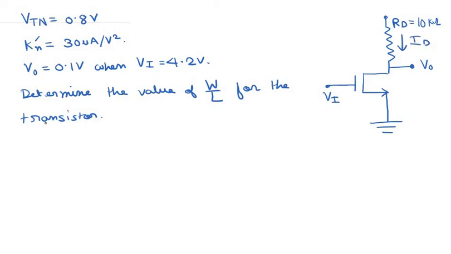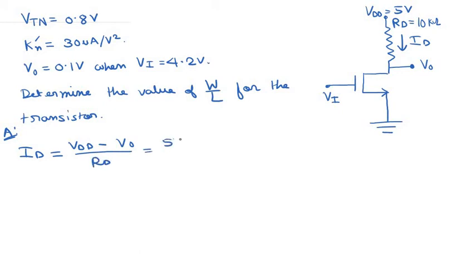So the drain current ID is also equal to the current that is flowing through the resistor RD. So ID is equal to, so here the voltage VDD is equal to 5 volts. Okay, so ID is basically equal to VDD minus V0 divided by RD.